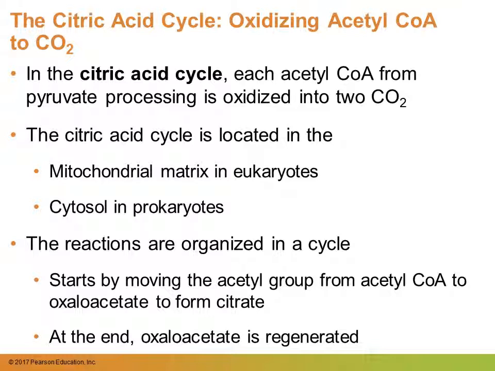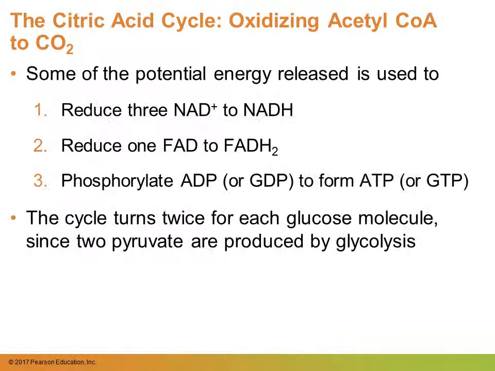So what happens in the citric acid cycle? Acetyl-CoA, which is a 2-carbon molecule, will be completely oxidized into 2 CO2s, or 2 carbon dioxide. So now glucose is completely broken down from a 6-carbon molecule to 1 carbon, which is CO2. What kind of energy is released during the citric acid cycle? Well, a lot of electrons are released.